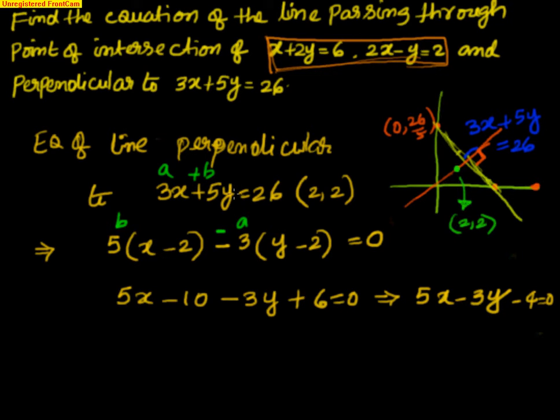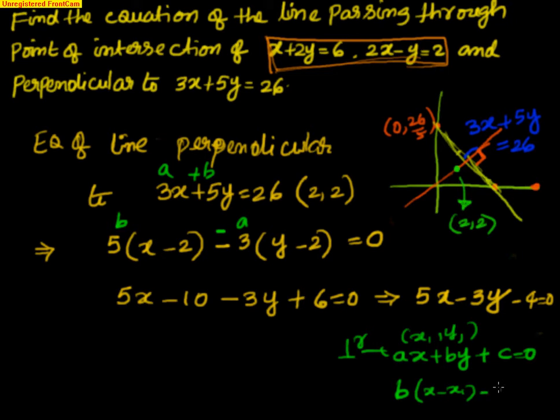For AX plus BY plus C, the perpendicular line will be BX. If it is passing through x1, y1 and perpendicular to this line, it will be b into (x minus x1) minus a into (y minus y1) equal to 0.